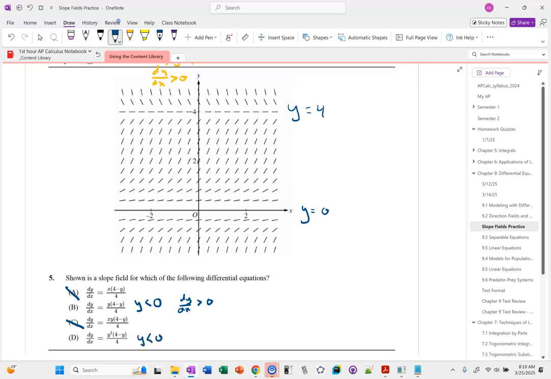When y is less than 0, here I should have positive times positive, so that should be positive. So I'm going to look at the part of my slope field where y is less than 0 and see if that is positive or negative there. Since those slopes are all angling up, I know those are positive slopes, so I want answer D.